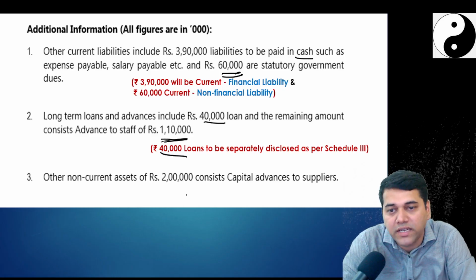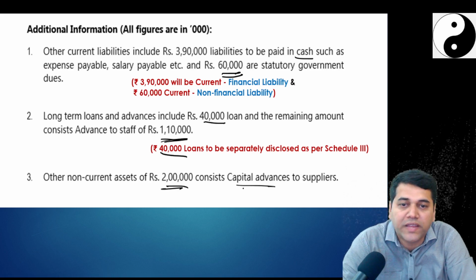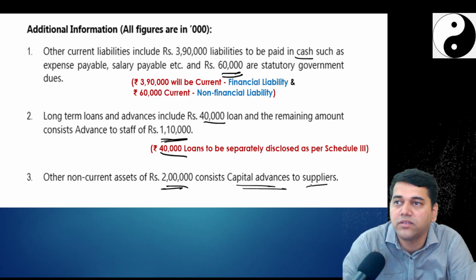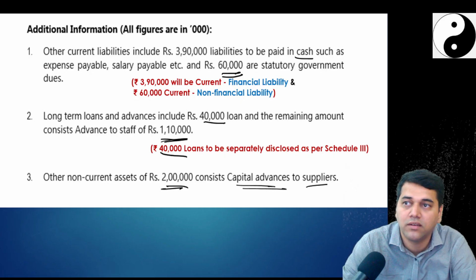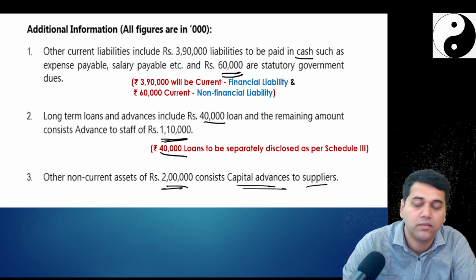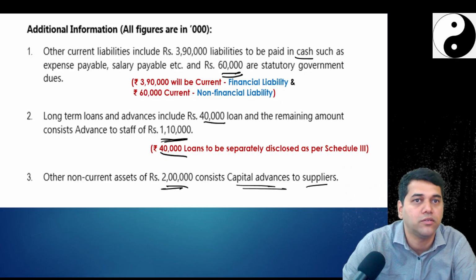Now other non-current assets, how much is your other non-current assets? 2 lakh. Consists of capital advance to suppliers. What is this? Non-financial. Advance to staff is financial, no?